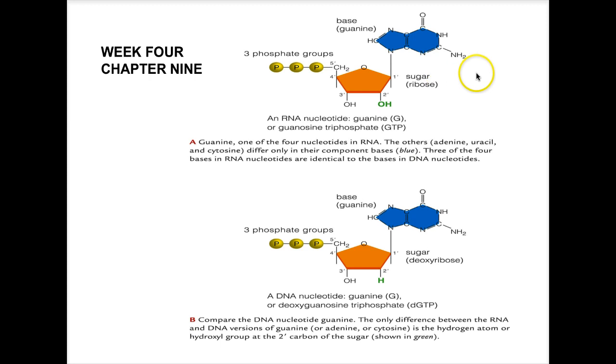So, just to summarize, nucleotides in both DNA and RNA are made up of a nitrogenous base, a 5-carbon sugar, and at least one phosphate group. When the nucleotide is by itself and not attached to another nucleotide, it will contain 3 phosphate groups. When it is attached in a string with other nucleotides, like when you're forming a DNA molecule or an RNA molecule, it will only have 1 phosphate group.